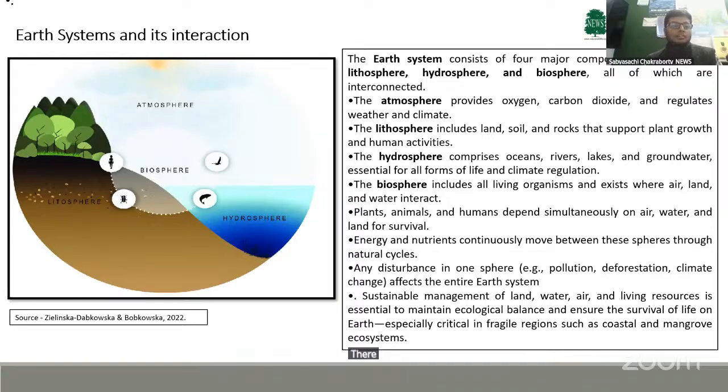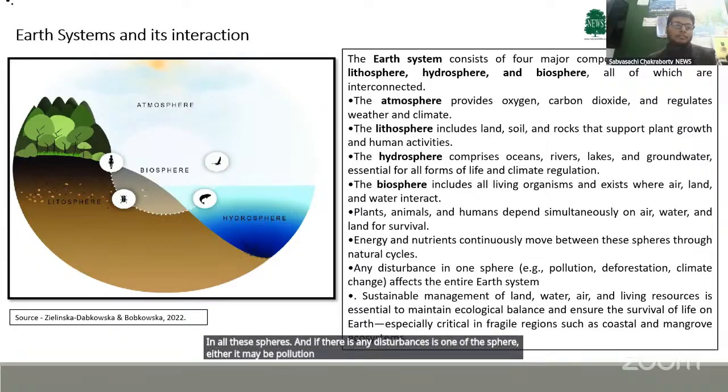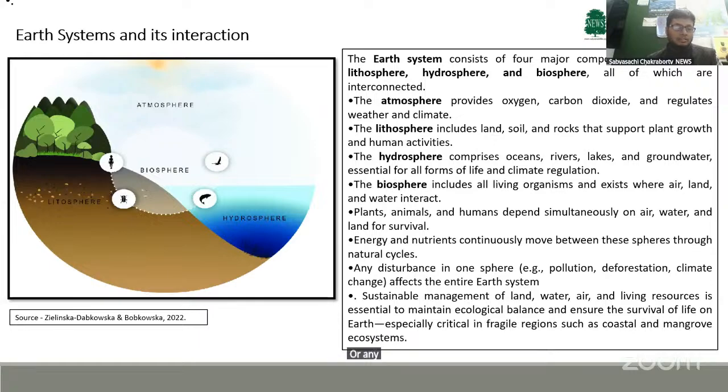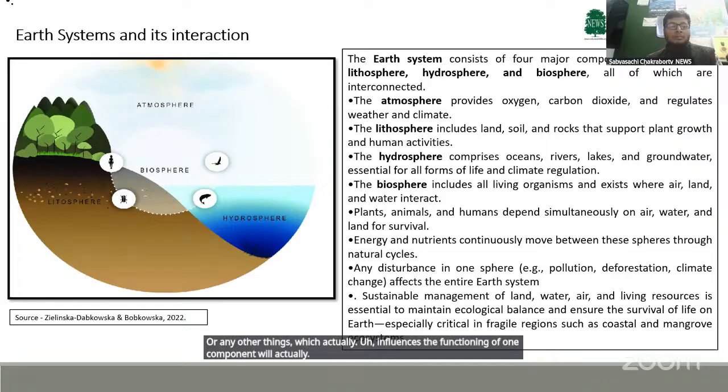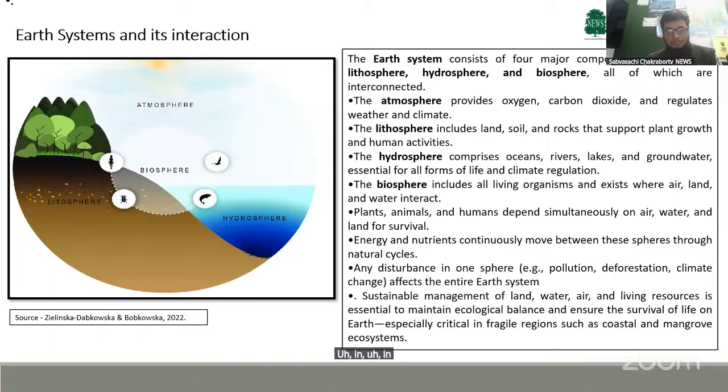There is a constant energy cycle going on in all these spheres, and if there is any disturbance in one of the spheres, whether it may be pollution, deforestation, climate change, or any other thing, it influences the functioning of one ecosystem, and one component will affect the entire earth system.